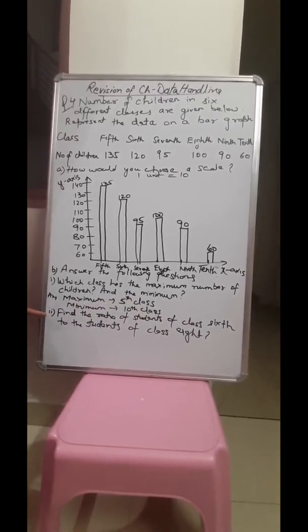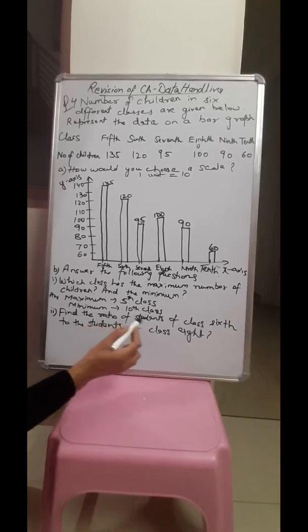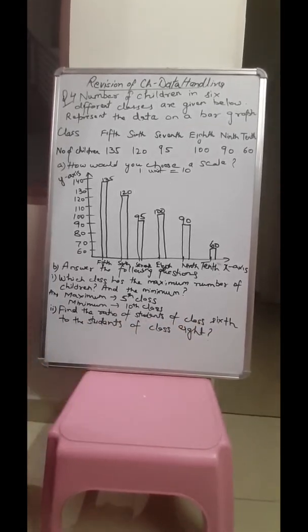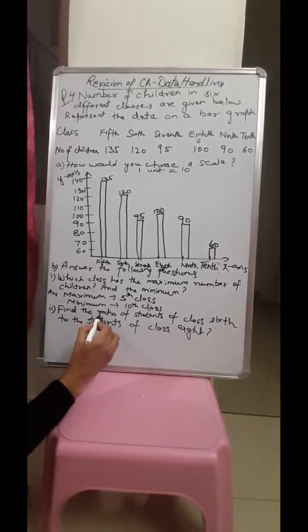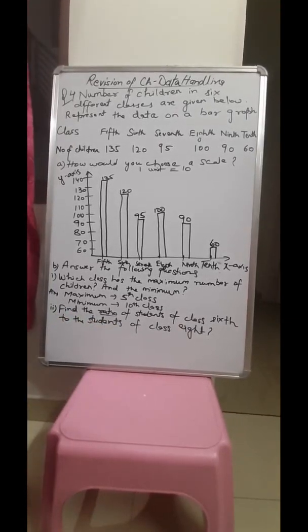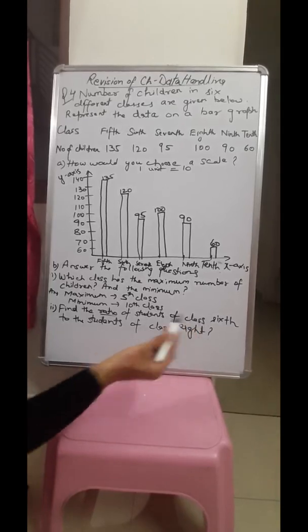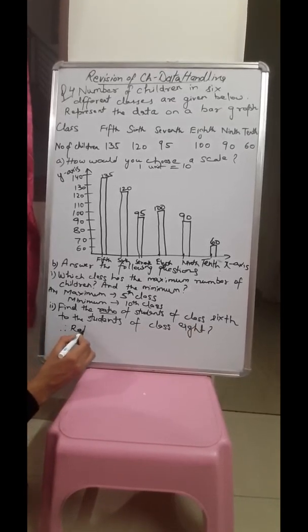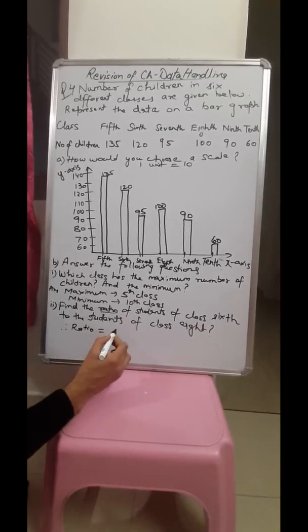Now the second part: find the ratio of the students of class 6th to the students of class 8th. So what has been asked is to find a ratio. Ratio of what?